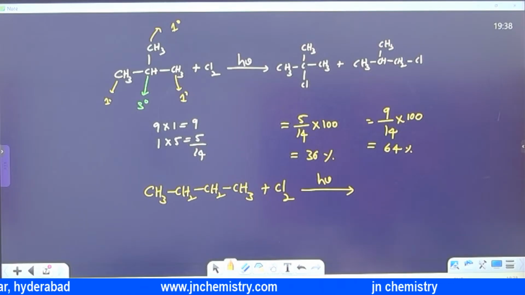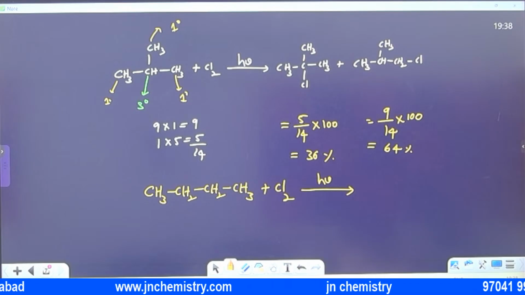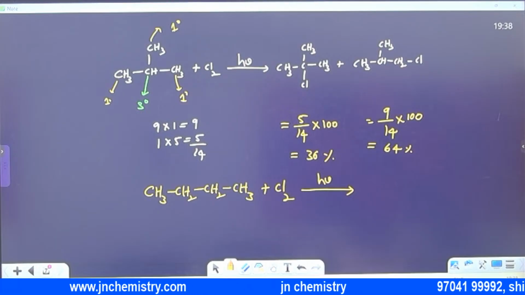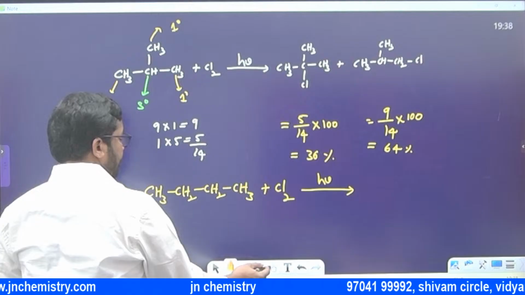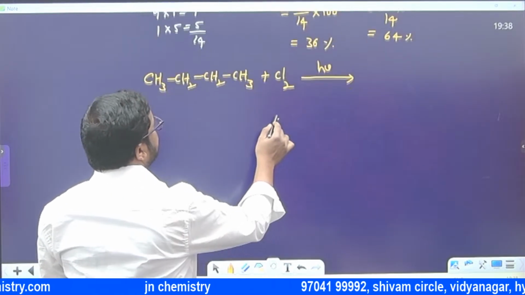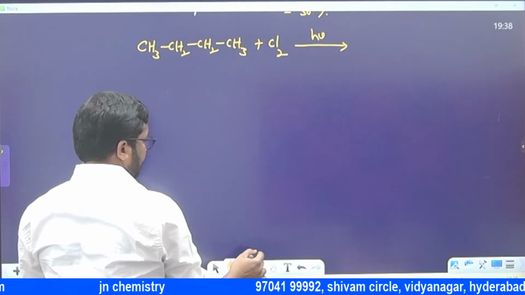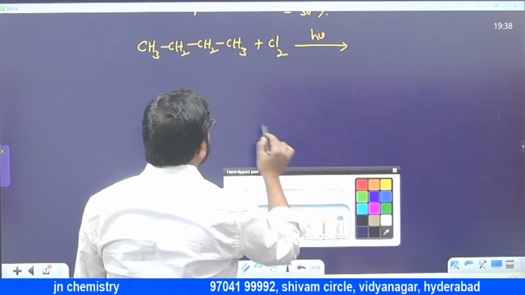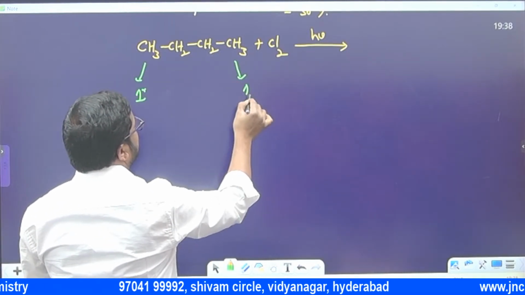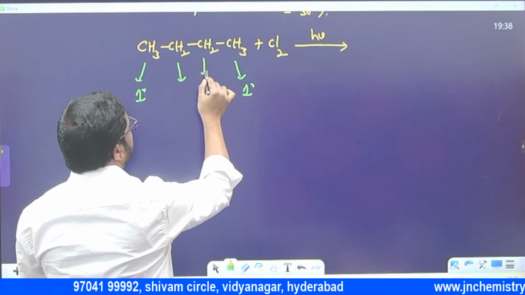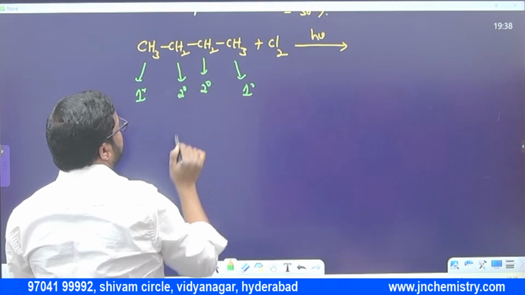Done, completed. How many hydrogens, which type of carbons are here? These are 2 degree, 2 degree, right?